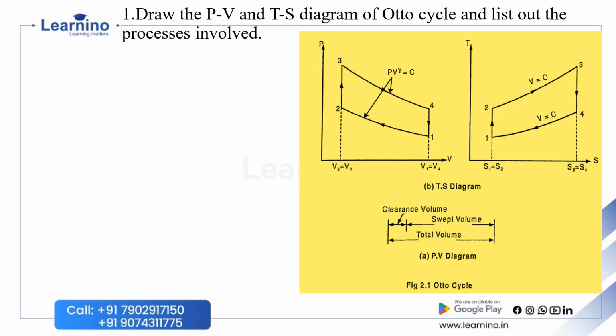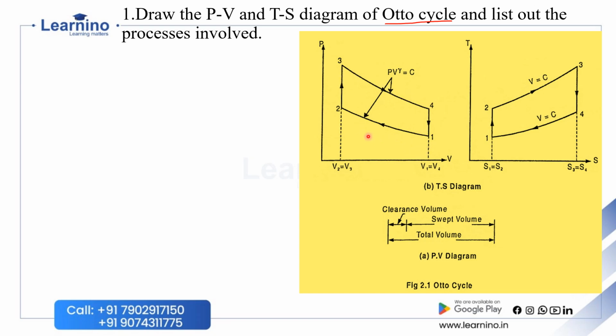First question: draw the PV and TS diagram of the Otto cycle and list out the processes involved. We know that the Otto cycle is the theoretical cycle of a spark ignition engine. A standard Otto cycle consists of 4 reversible processes.